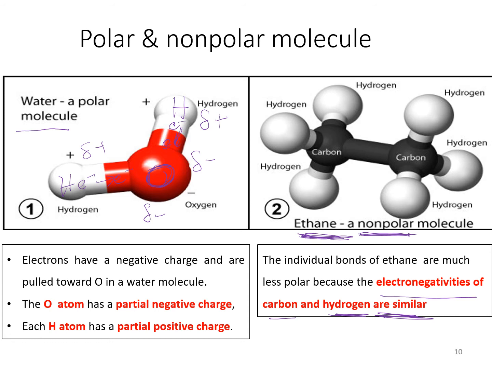So carbon will share an equal amount of electrons in the ethane molecule. There will be no charge formed, and the ethane molecule is non-polar, because it involves equal sharing of electrons.